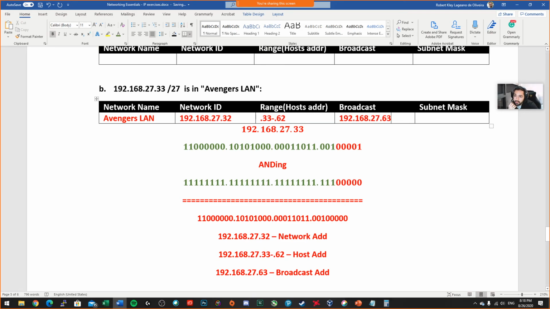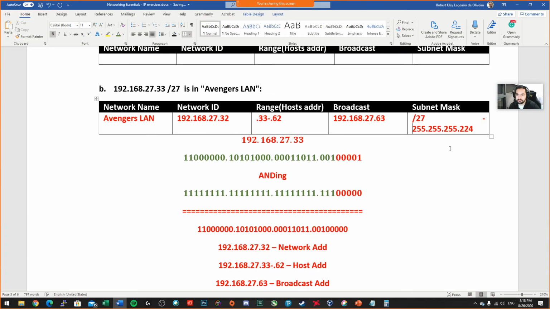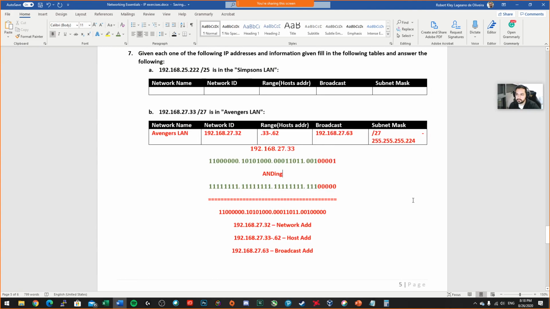And what's the subnet mask? It's 255.255.255.224. Is it? Yes. /27 is also this. Okay, so you could write down /27, or you can put this as well. Done.